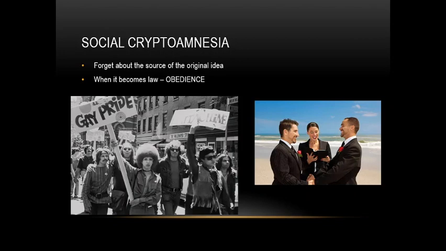So for example, the early gay pride marches, I've put a picture here, that's quite different to the image we think of in terms of gay pride now. A number of people might not want to be associated or agree with this original group. They might think that they're quite weird, or just not want to be associated with people like that.